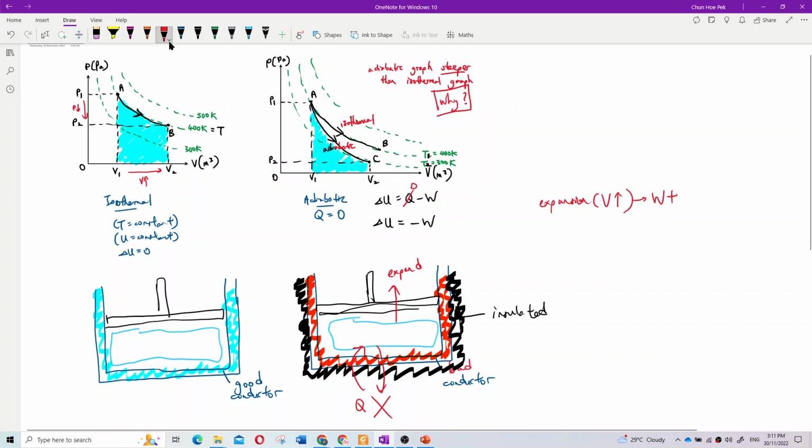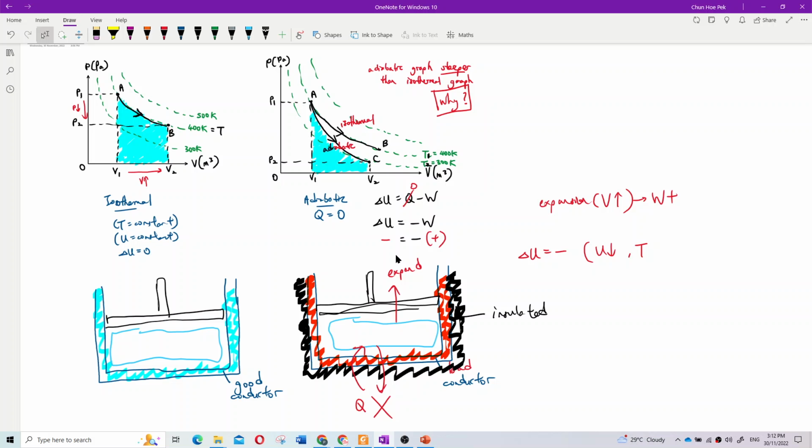Negative times positive, delta U becomes negative. What does it mean when delta U is negative? Internal energy decreases, and temperature decreases.